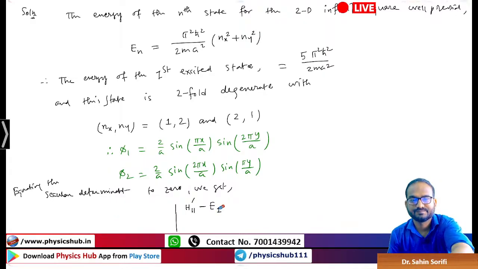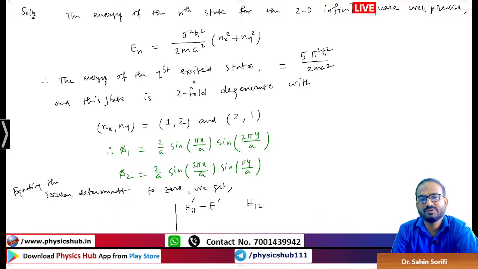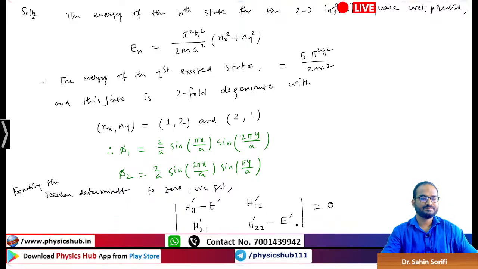The correction to the first excited state is e prime. h11, h12, it is only two-fold degenerate, so it will be a 2 by 2 matrix. So h11 h12 h21 h22 is equal to 0.